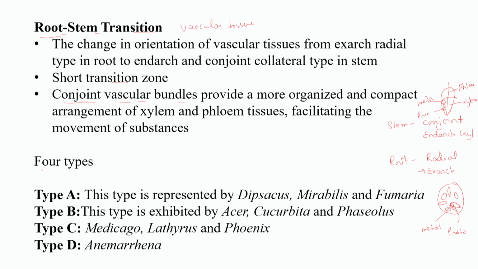Now 4 types have been observed, like A, which is also known as Mirabilis type, then B is Cucurbita type, then Lathyrus type, because these are typically found in these organisms, although many other organisms also show this type of arrangement. Now let us try to discuss these transitions.